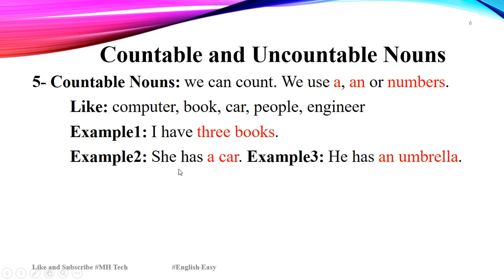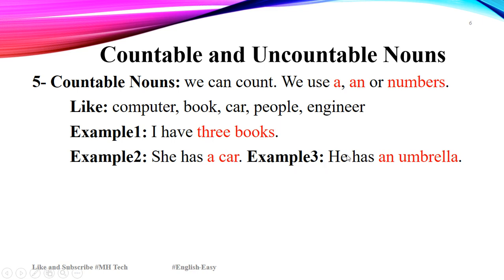Here we have she has a car. So here I used a before the noun car. She has a car. It shows that there is one car, and we use a. And if you use numbers before the noun, you can make the plural form of the noun.